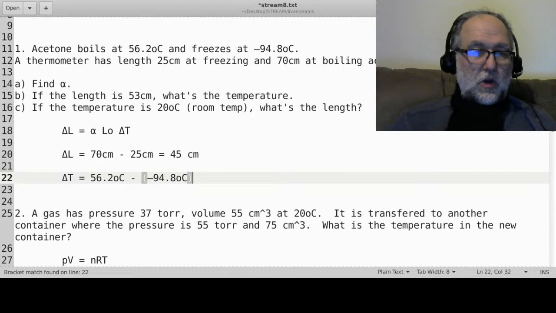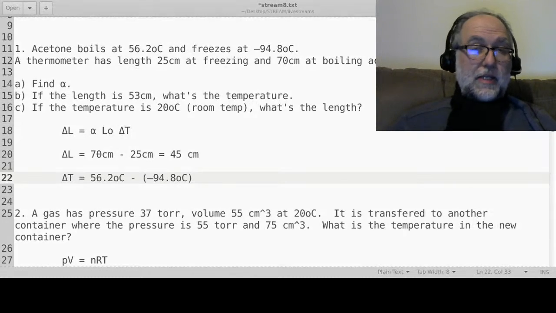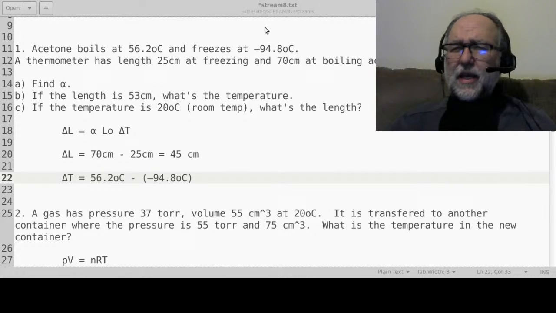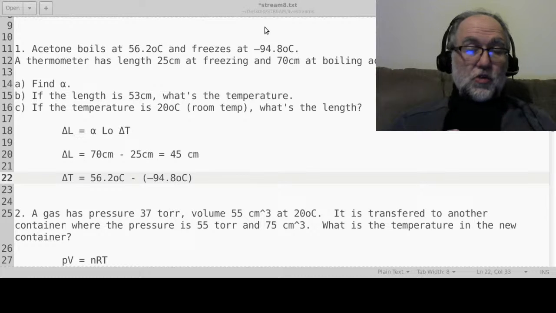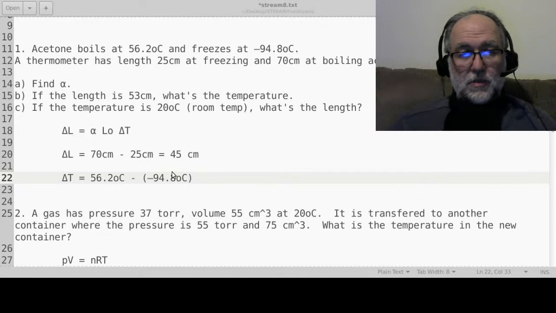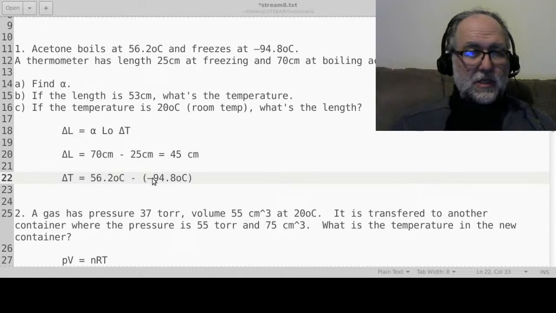Okay, and so I purposely chose an example, and it's the same in the assignment, and I think I did one like that in the pre-recorded lecture too. I purposely chose an example where the second temperature, the lower temperature, is negative, because you actually have to do a minus minus. Okay, now if that was positive, it would just be a simple subtraction, but no, here we have like a minus minus.